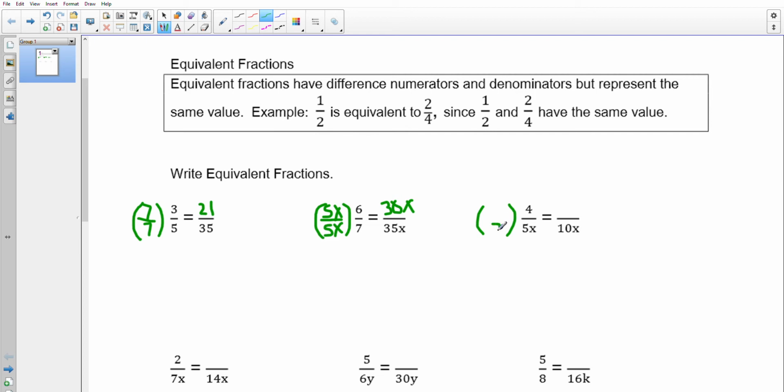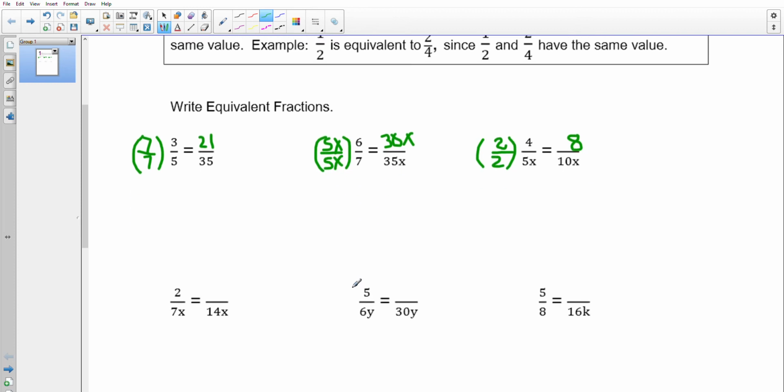If I just multiply by 2, so I'll multiply by 2 over 2, I'm going to be left with 8x over 10x. Now, do you see why I needed the x here and not here? So if we want the denominators to match, we have to multiply just by the factors that are missing on the left to make them look like the right.